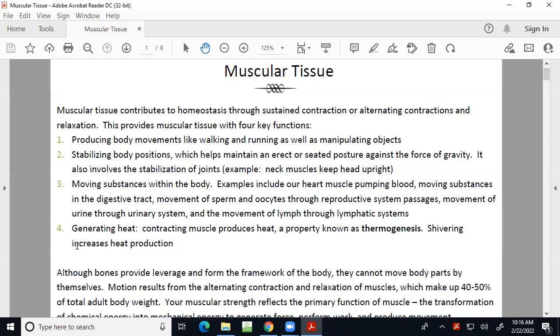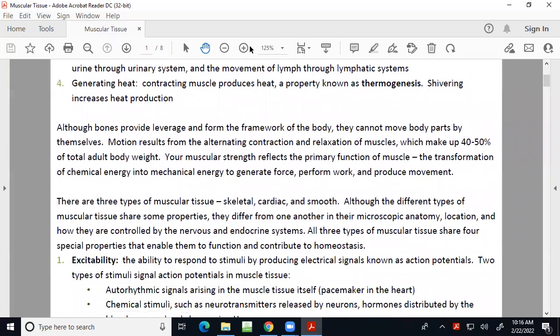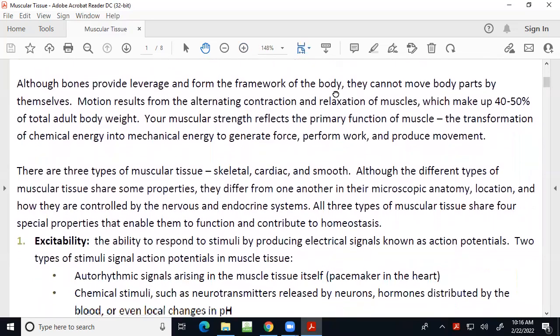Contracting muscles produce heat, a property known as thermogenesis, which is a big word that literally translates to mean heat producing. Thermo means heat, genesis means to create or form. Our innate ability to shiver when we get cold helps increase our heat production, and that's just where our muscles are contracting, and that causes our body to shake. But more importantly, it gives us heat.